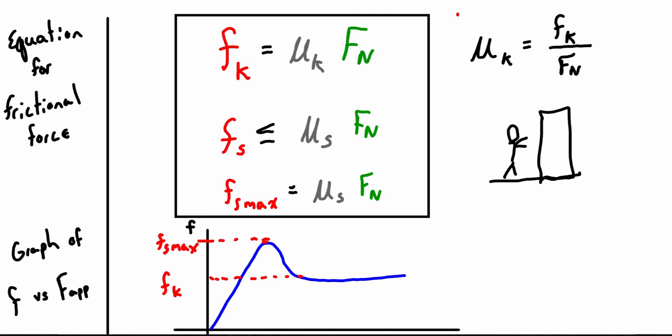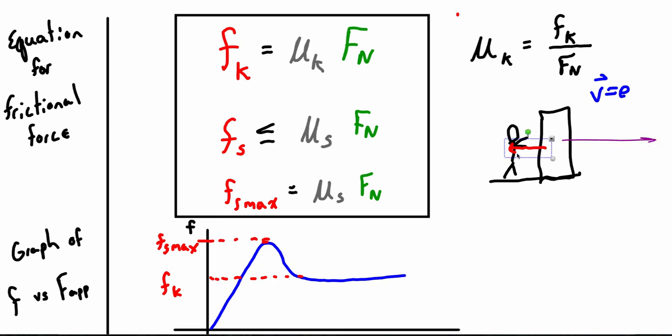As the man is pushing on the refrigerator, if the velocity is 0, then the frictional force has to be exactly equal and opposite to the applied force. So if you're pushing with an applied force in this direction and it's not moving, then the static force is opposing that. But now let's say that you increase your applied force.